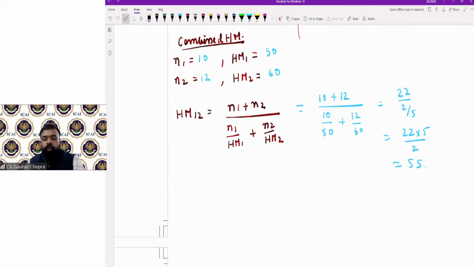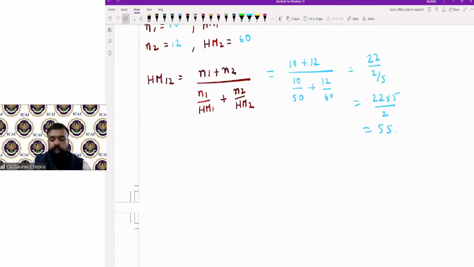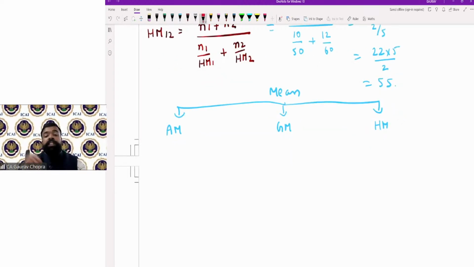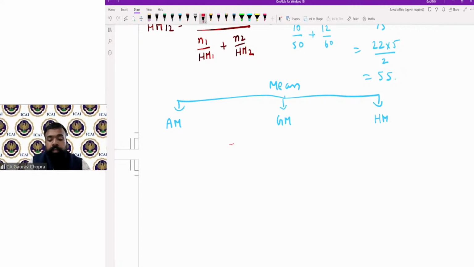So if we compare overall, according to the usage, mean is divided into mainly arithmetic mean, geometric mean, and harmonic mean. Now there are some specific usages. Geometric mean is the best average for ratios. So whenever we have to calculate ratios, it is better to use geometric mean.